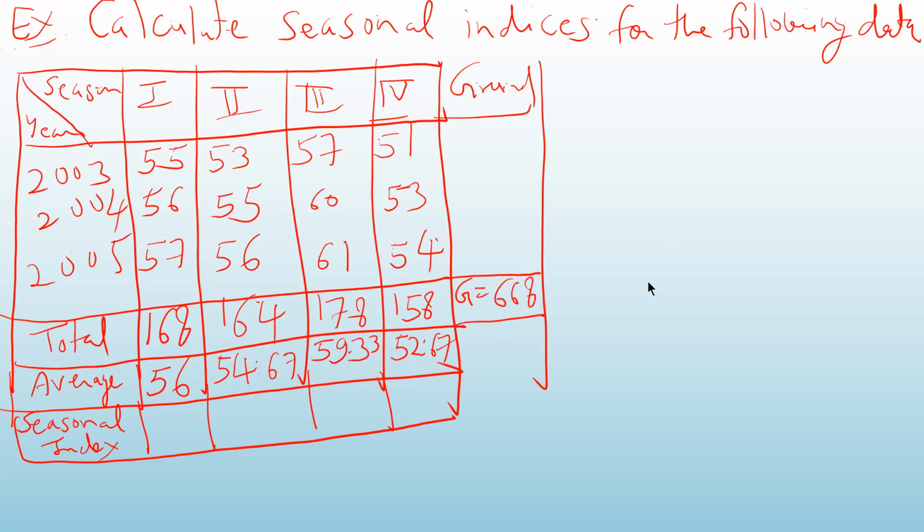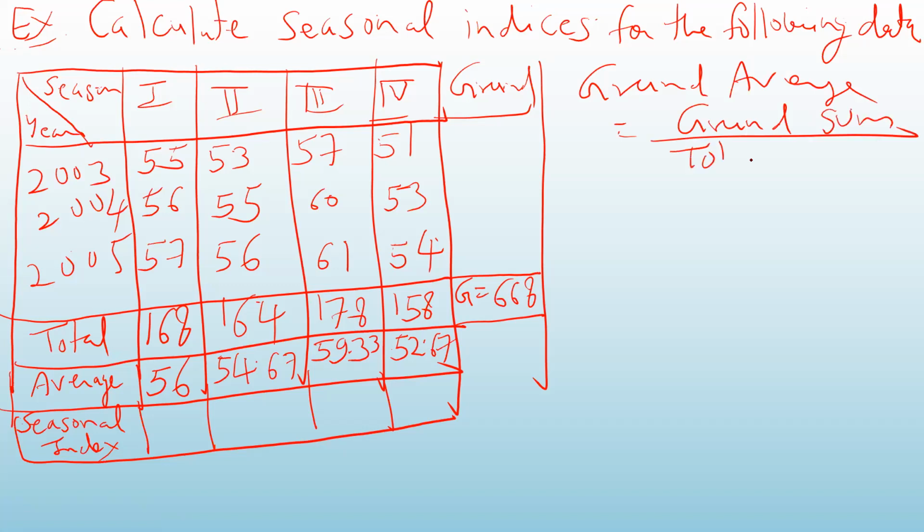Now to find out the grand average, you have to divide this 668 by what? Grand average will be grand sum divided by total number of values. The 668 is the sum of all these values.